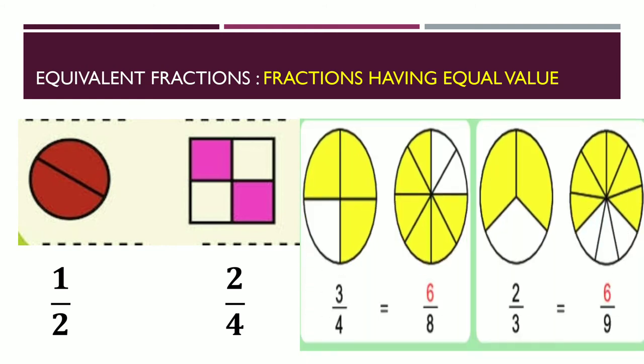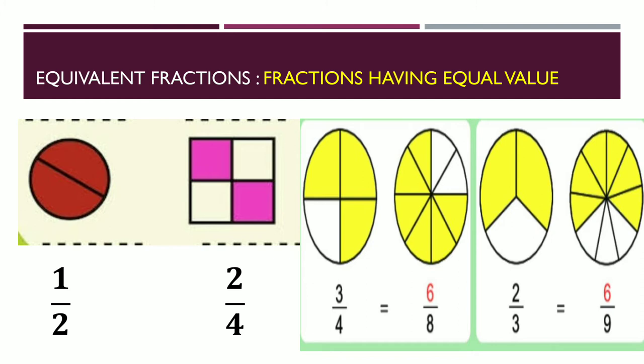The next figure, you see the circle is divided into 4 equal parts and 3 parts are colored. Next figure, circle is divided into 8 parts and 6 parts are colored. If we see carefully, the 3 colored parts are again divided into 2 parts.